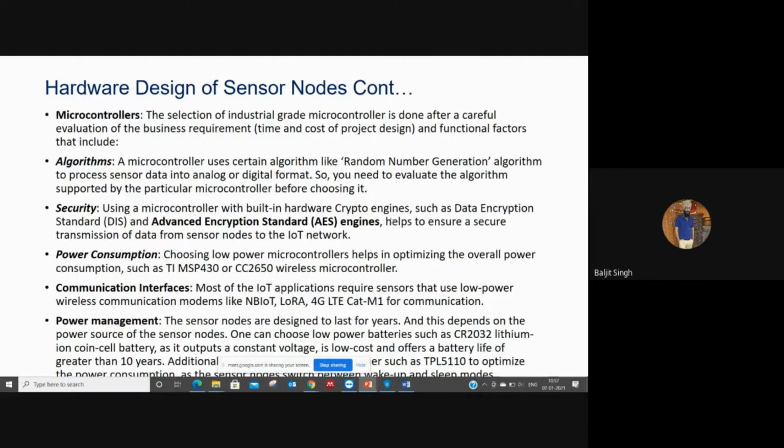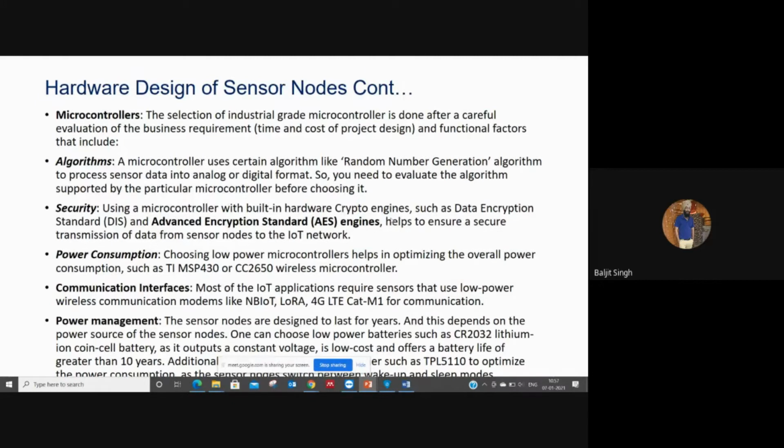all these devices. Okay, so selection of industrial grade microcontroller, why it is required mostly in these types of practical applications, because consumer grade components can be used properly only for hobby kinds of applications or very small applications.